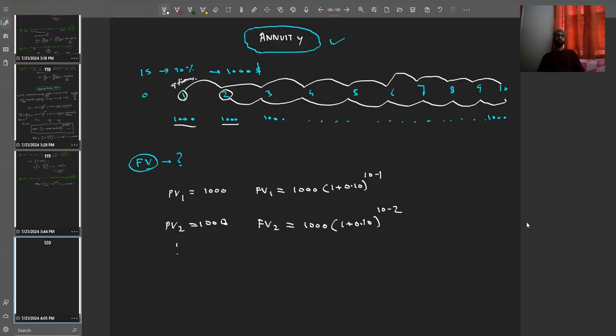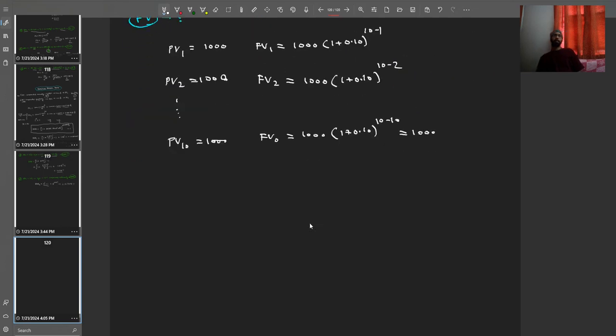In this way, if you write all these numbers, your last investment at year 10, the $1,000 that you invest, has a future value of 1000 into (1 plus 0.10) raised to the power 10 minus 10, which is nothing but 1000 only. Right friends?